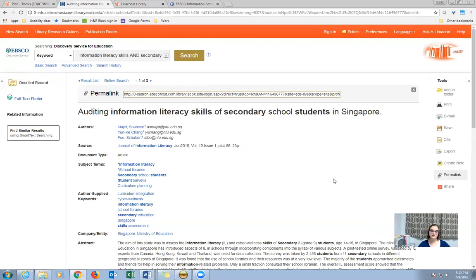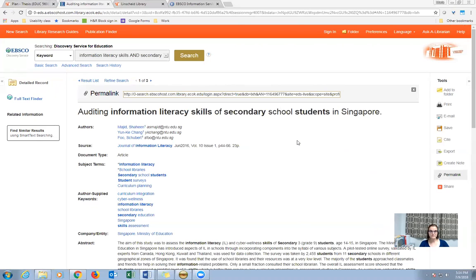So I would use this study in my literature review, but I would also find studies that support the reasoning behind my question. So for example, I may find studies that describe any kind of skill that increases graduation rates or impacts graduation rates, decreases them possibly. And I would see if information literacy skills are associated with those skills.